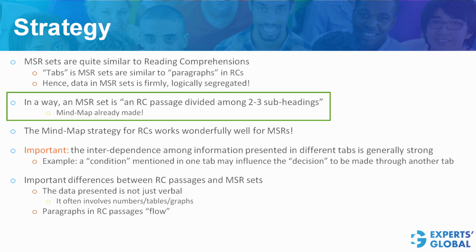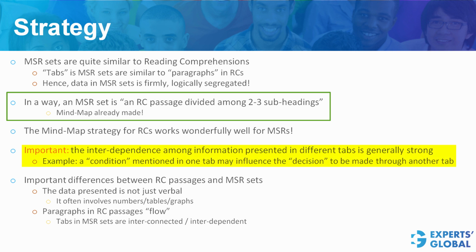So one paragraph leads to the next paragraph. However, in MSR sets, the tabs are interconnected and the information presented is interdependent. So the flow as such may be missing and the interdependence is way stronger. As suggested here, you have to be very careful about this interdependence while solving the questions.